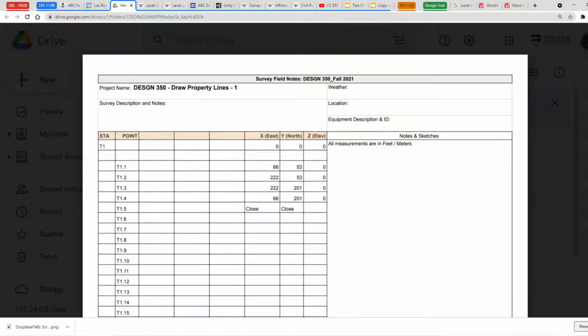We've gotten our dimensions already. I'm on this one just looking at the position of my rod. I'm not taking elevations yet. So when you put your rod down, you have to know where your rod is, and then you take your elevation readings.